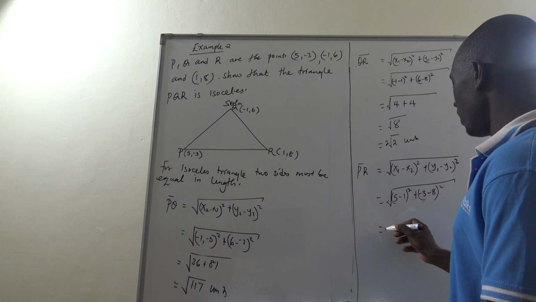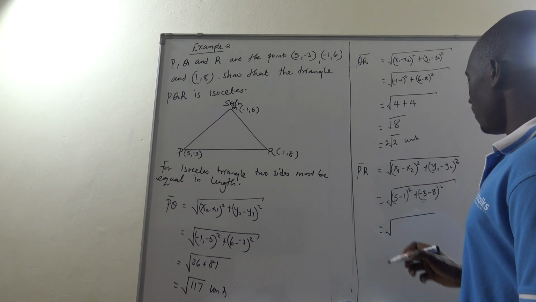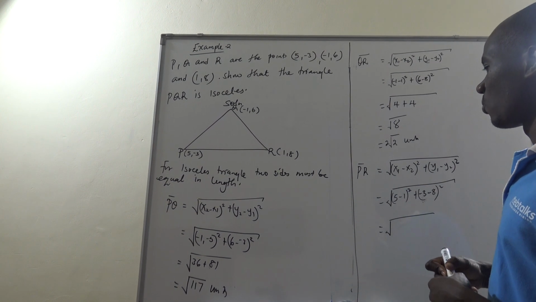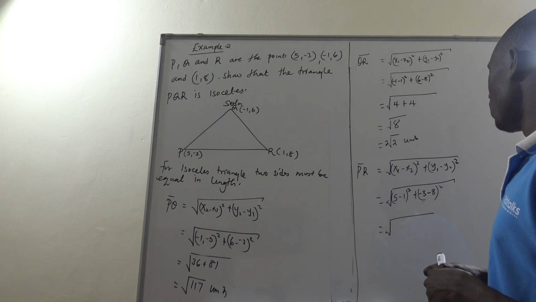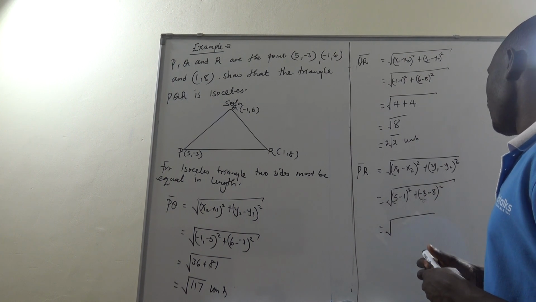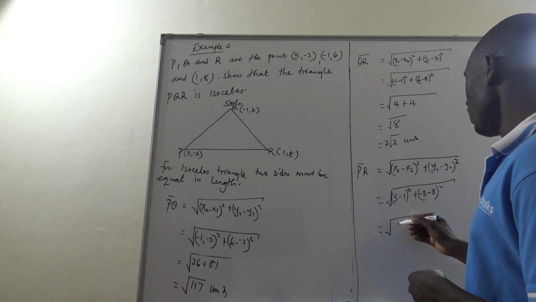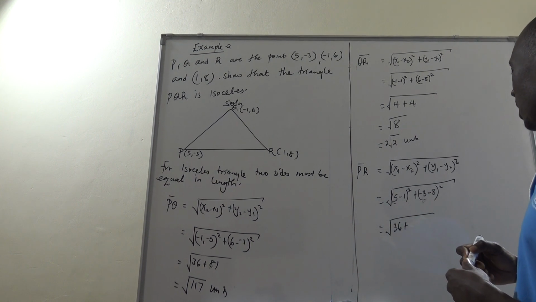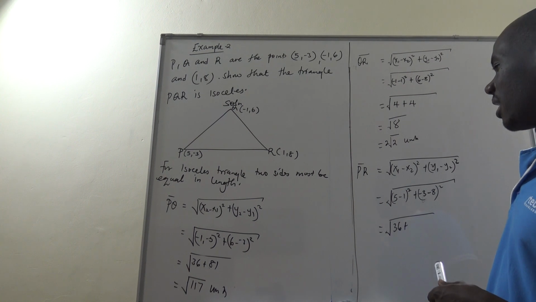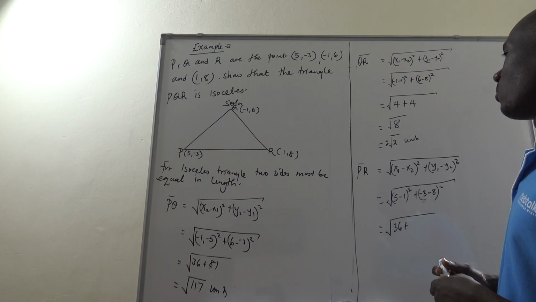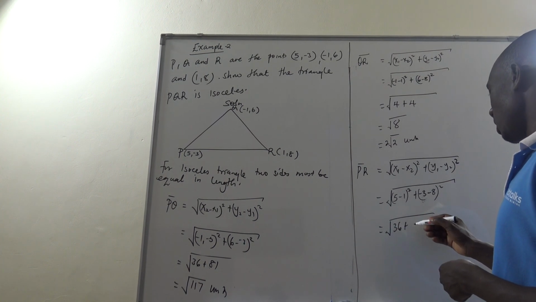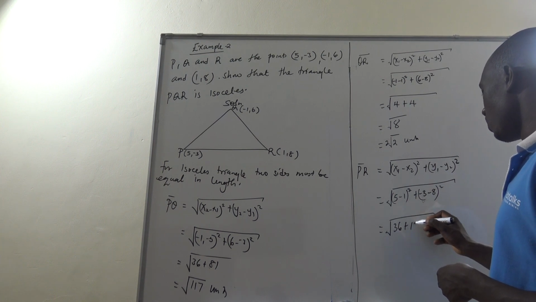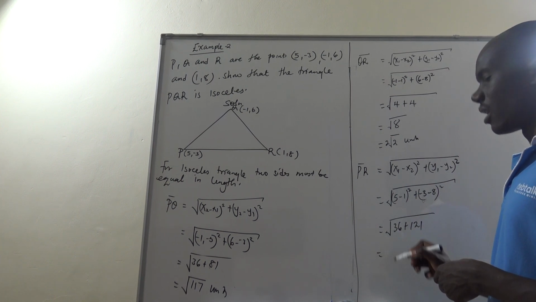So 5 minus 1 is 4, and 4 squared is 16, plus -3 minus 8, we are coming out with -11, we are getting 121.